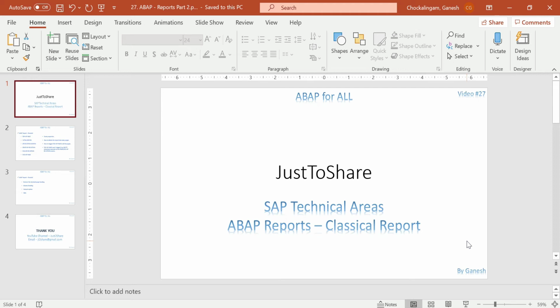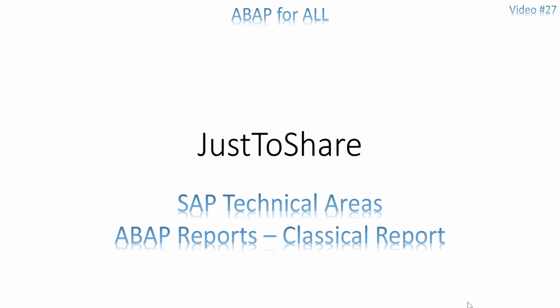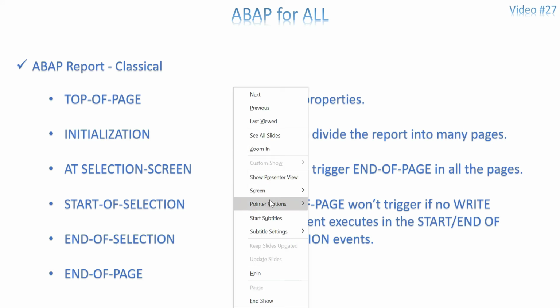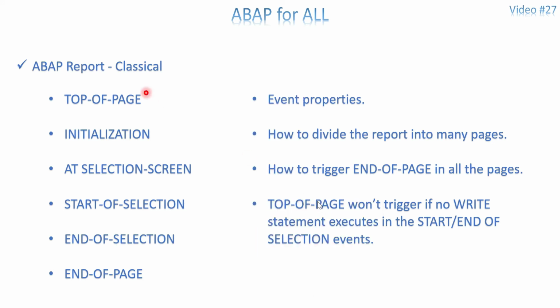This is going to be a continuation of the previous video, ABAP reports, classical report. Quickly I'll go through whatever we have seen. We have seen the top of page events, and all the events applicable for classical reports, starting with top of page and ending with end of page, and the event properties, and how to divide the report into so many pages.